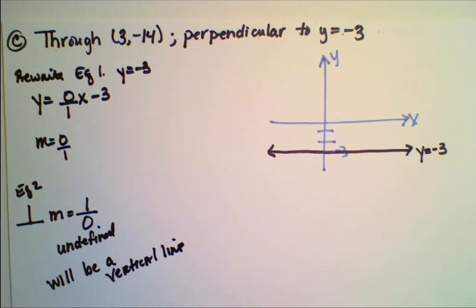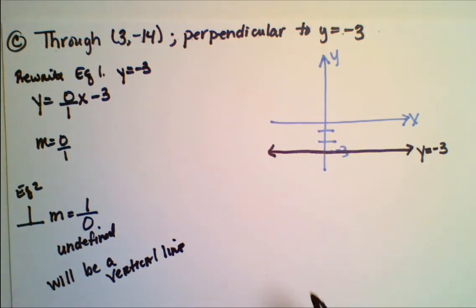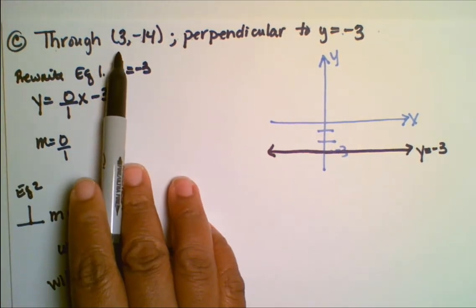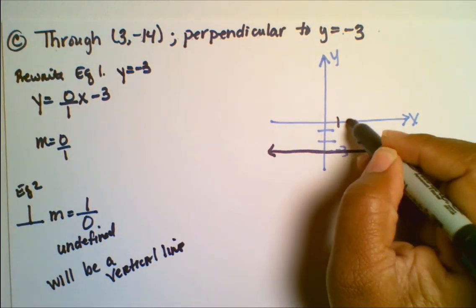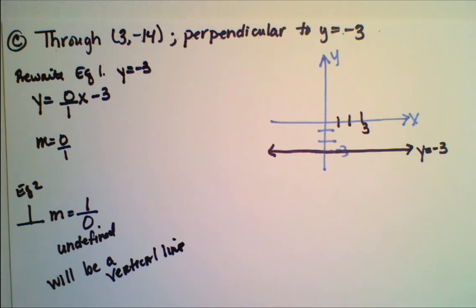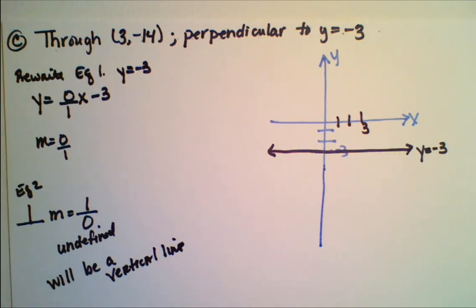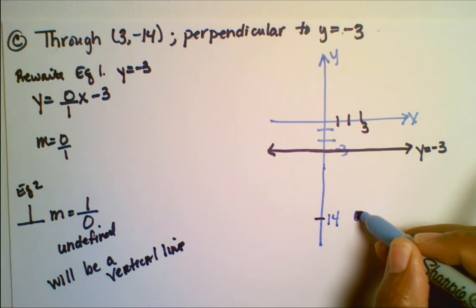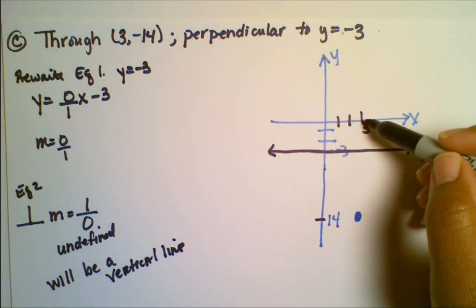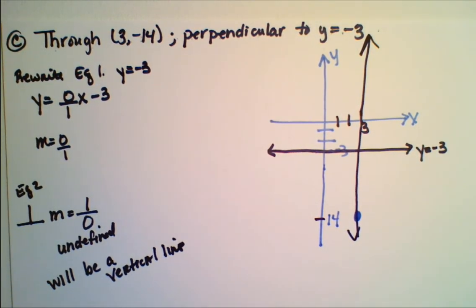So this line that we're going to draw is going to go through the point (3, -14). The point should be somewhere right here, and it's going to be a vertical line.